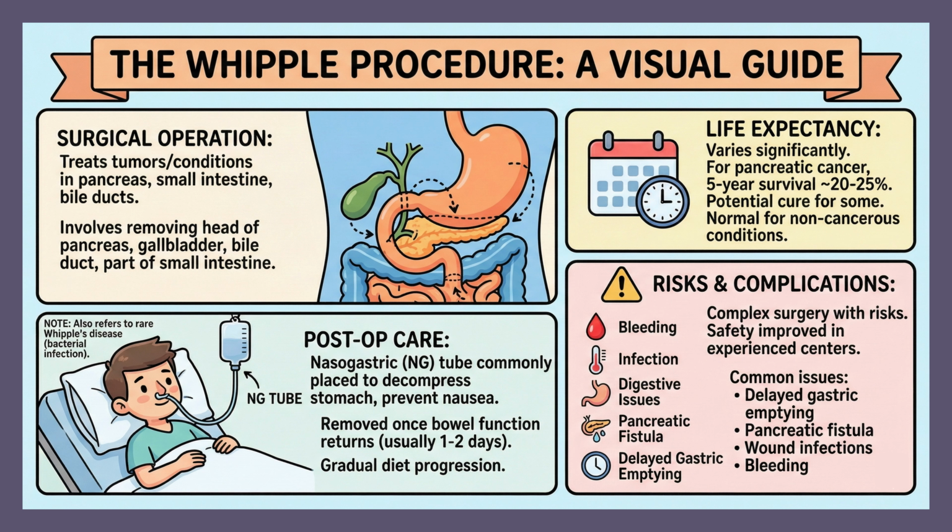The Whipple surgery, the pancreaticoduodenectomy, is a very complex operation with significant risks involved, including bleeding, infection, and digestive issues. But the safety has greatly improved in experienced centers, with mortality rates now often under 5% and complication rates around 40 to 50%.